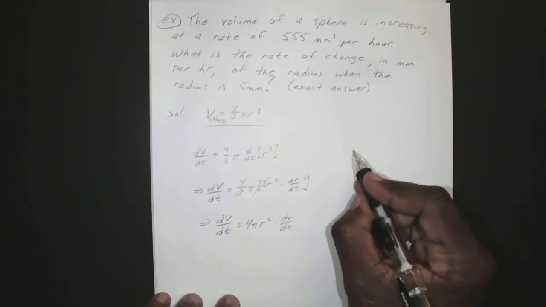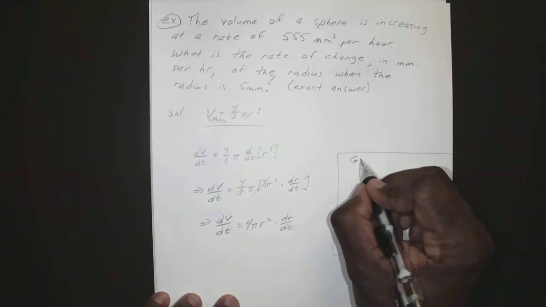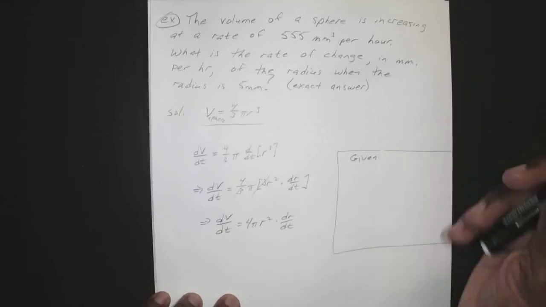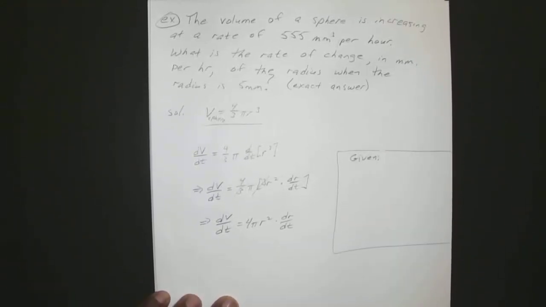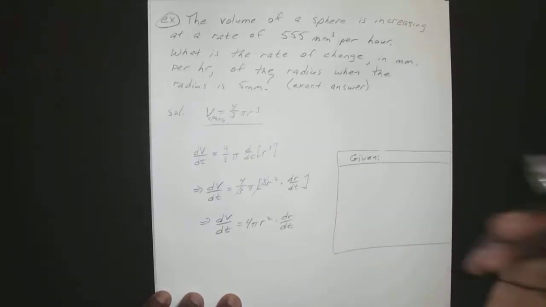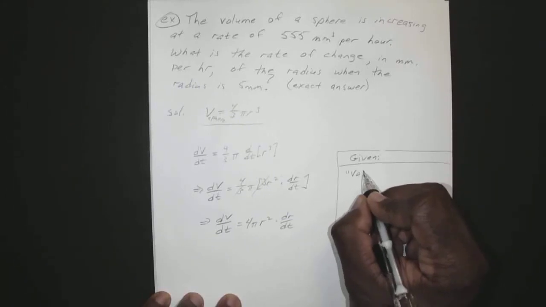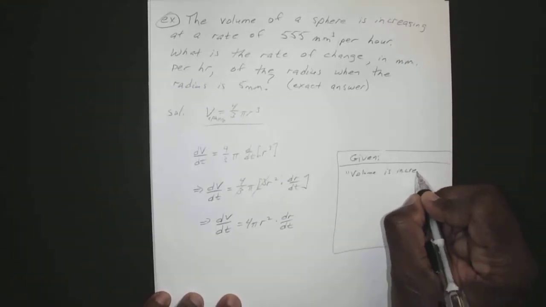Okay. So now we go through, we find all of our givens. So we know the volume is increasing at a rate of 555 cubic millimeters. Okay, so we know volume is increasing.